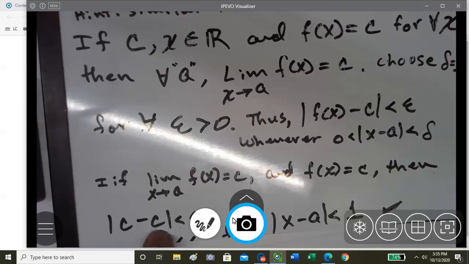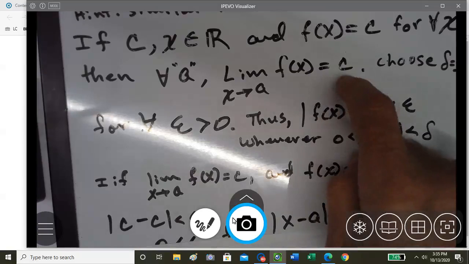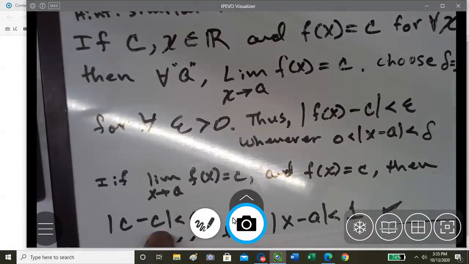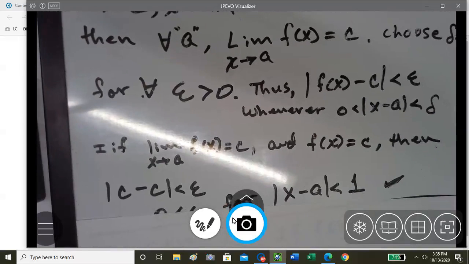And c is our limit from here. That's that number there. And so the difference between c and c, they go to 0.